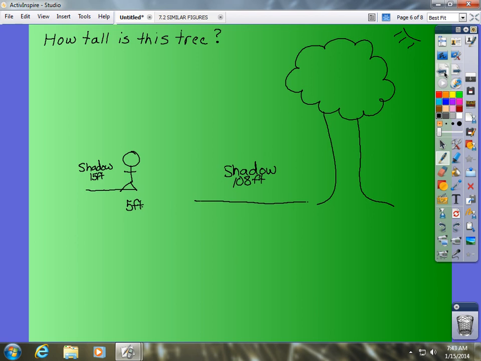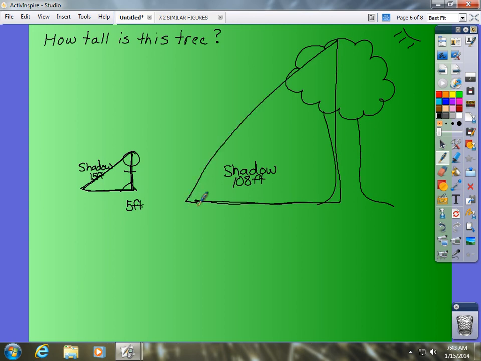Okay? And if you can't see the triangle here, we've got this triangle. And then we've got this triangle here. Okay, that goes all the way up to the height. Oh, sorry, that should be the length of the shadow. I kind of drew my triangle wrong.